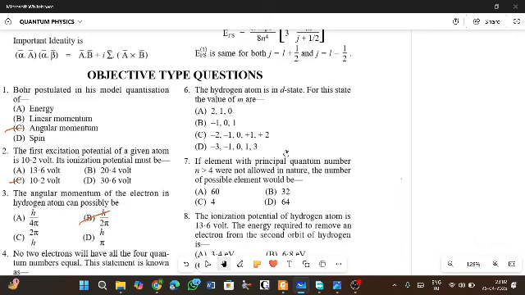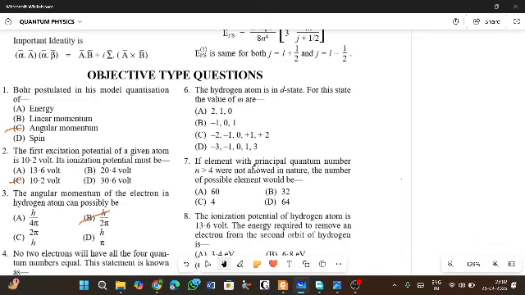From the vector atom model, we can write 2L plus 1 values. For D, L equal to 2, so we are able to write 5 values: minus 2, minus 1, 0, plus 1 and plus 2. Right. Next, question 7.